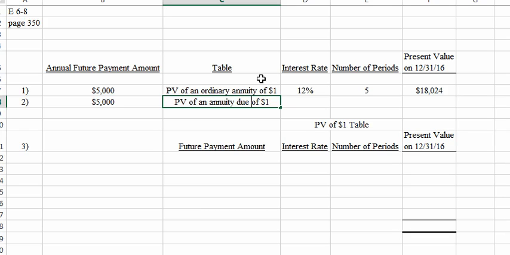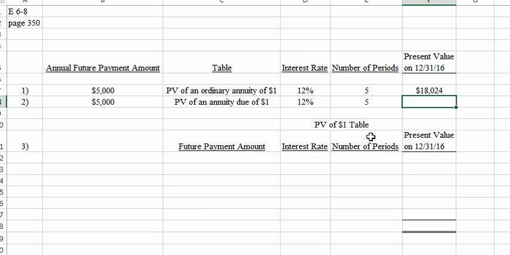An annuity due means the first payment is received on the present value date, right, or the beginning of the first year, the beginning of every year. So the 5 payments would be received on December 31, 2016, 17, 18, 19, and 20. Okay, we're still assuming that 12% annual interest rate for 5 periods. So we'll come across to 12% down to 5 periods.